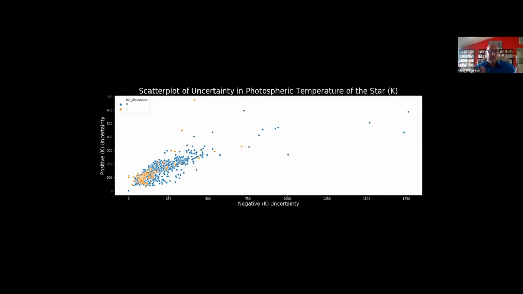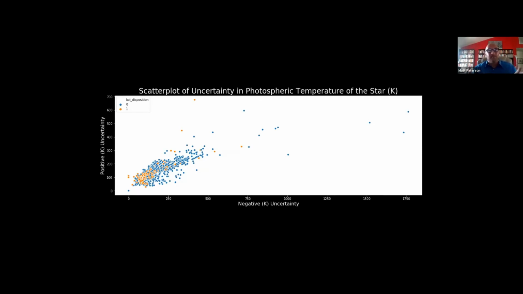This is the next strongest, which is still not very strong, but it's the uncertainty in the measurement of the photospheric temperature of a star, which is the temperature basically at the surface of the star. And the estimated temperature is going to have a margin of error. So for the uncertainty here, I've plotted the absolute value of the positive uncertainties on the y-axis, the negative on the x-axis.